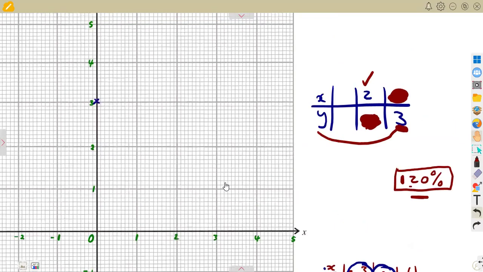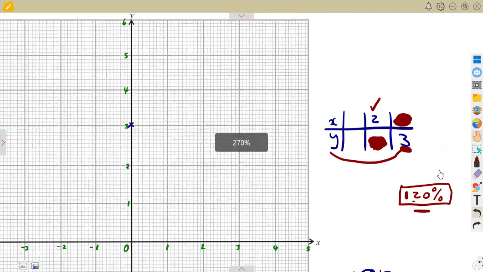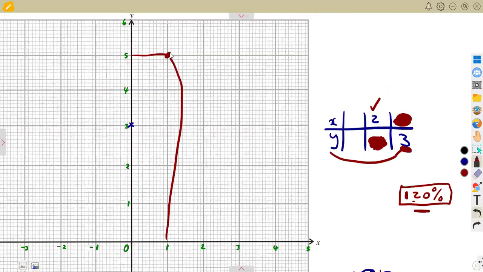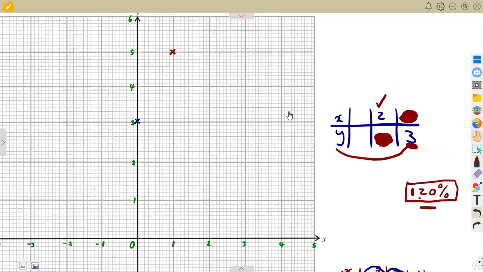Okay, another point was 1, 5. When x is 1, y is 5. So x is 1, y is 5. Where they meet at a certain point, you mark that point. So you're going to mark a point there, 1, 5.